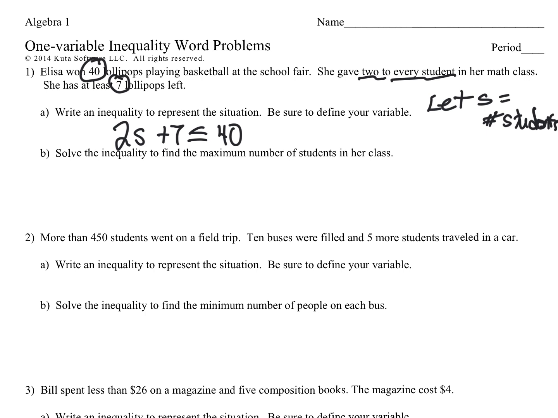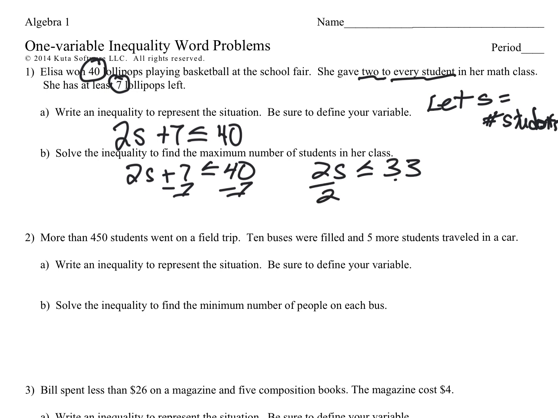Okay, now we take that inequality and we solve it. 2S plus 7 less than or equal to 40. Take away 7, take away 7. I get 2S is less than or equal to 33. And then I divide by 2.